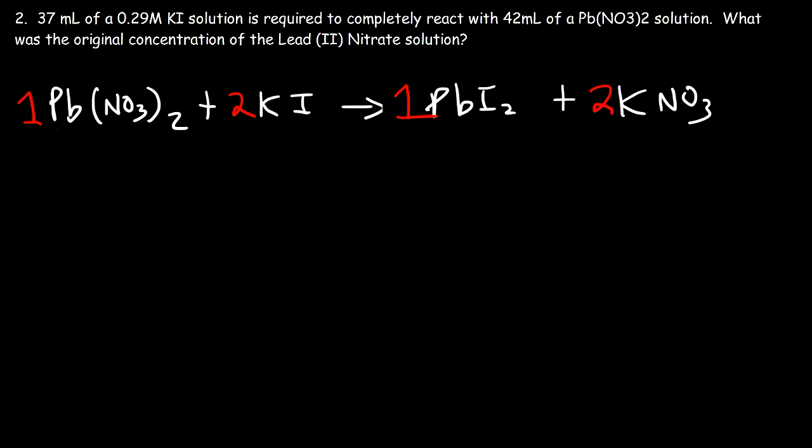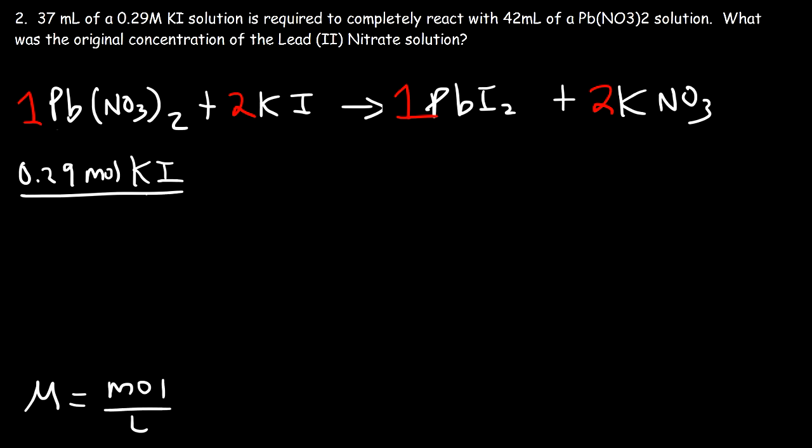In order to find the original concentration of lead nitrate, let's start with the other substance, KI. Whenever you see the word molarity, you can write it as moles per liter. So a 0.29 molar solution means that there's 0.29 moles of KI per 1 liter of solution.